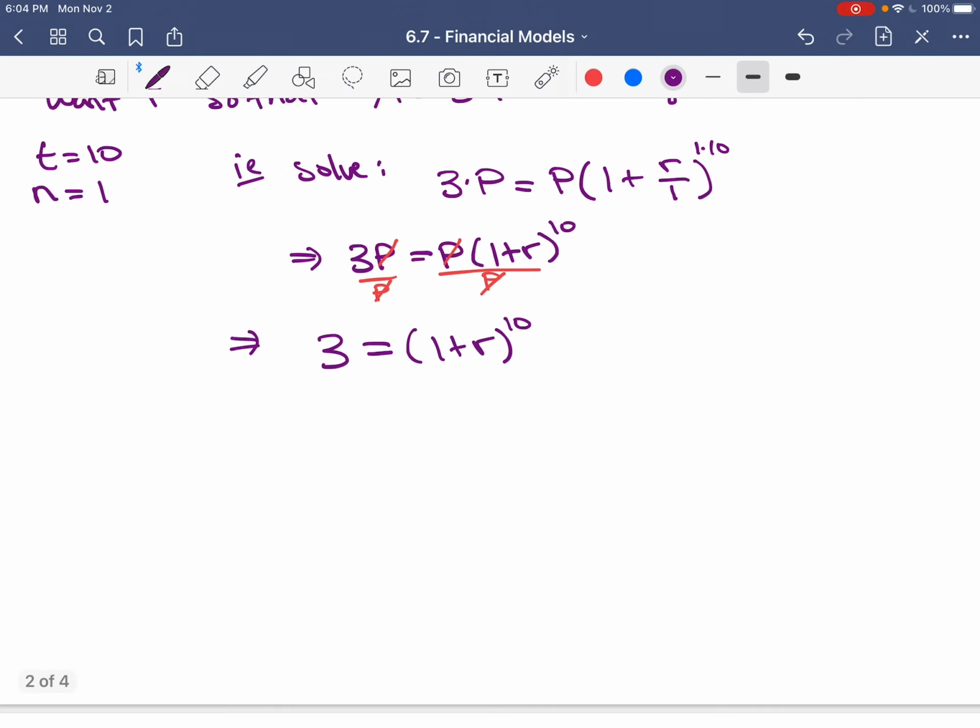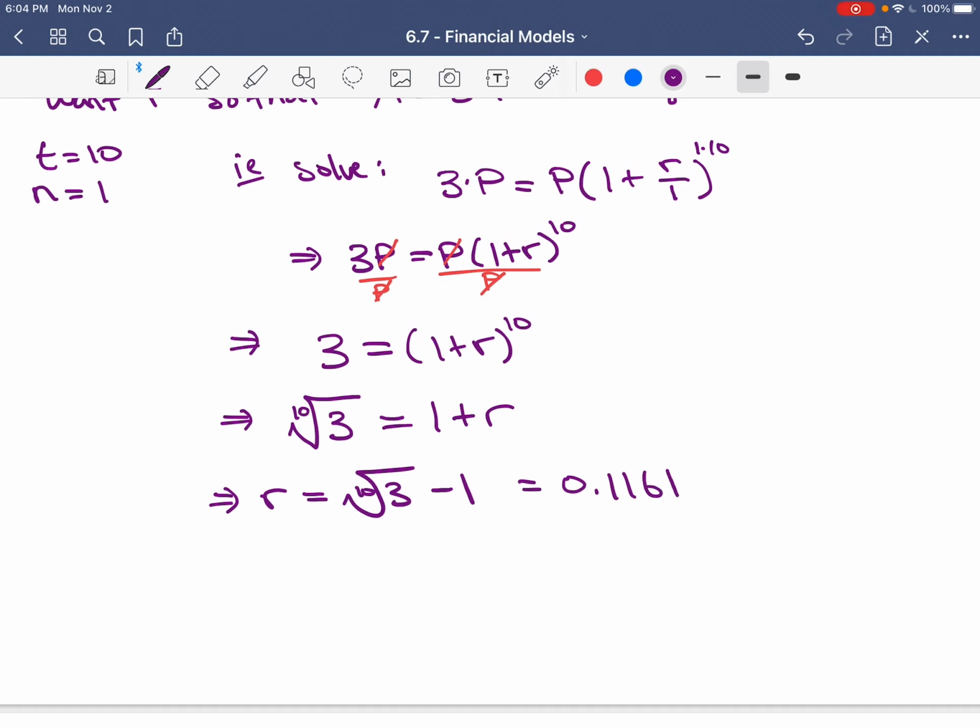So here I don't have a variable in the exponent. I just have a number. So this is a bit odd, but what I want to do is actually take the 10th root of each side. So the 10th root of 3 is equal to 1 plus R, which means that R should be equal to the 10th root of 3 minus 1, which is 0.1161 approximately.